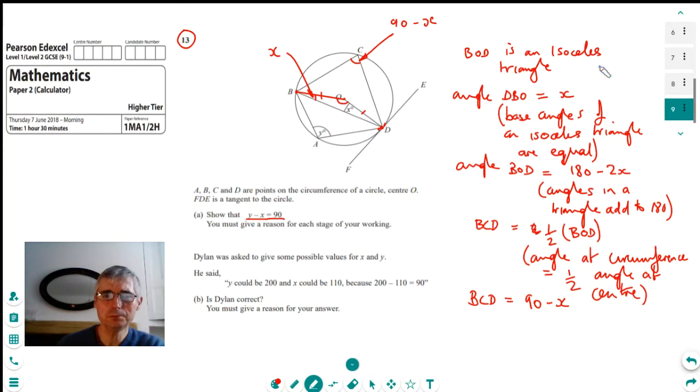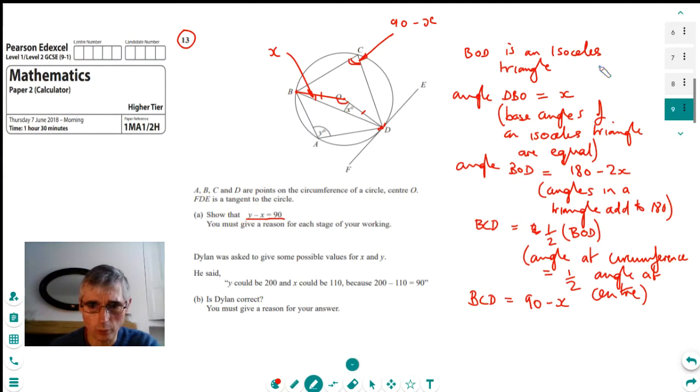Now there's another rule, which is we've got a cyclic quadrilateral here. ABCD is a cyclic quadrilateral, and opposite angles in a cyclic quadrilateral add up to 180. So the opposite angle to this one is y.